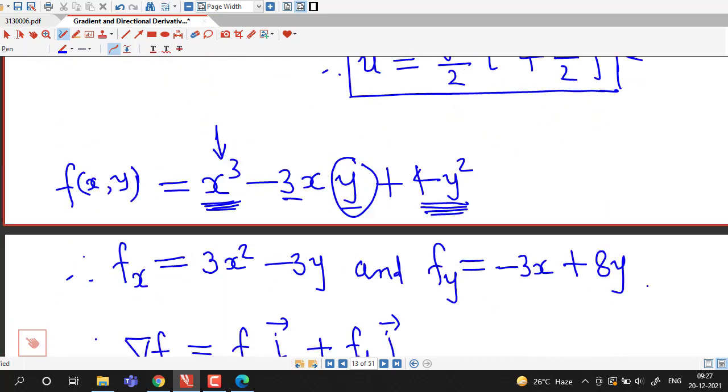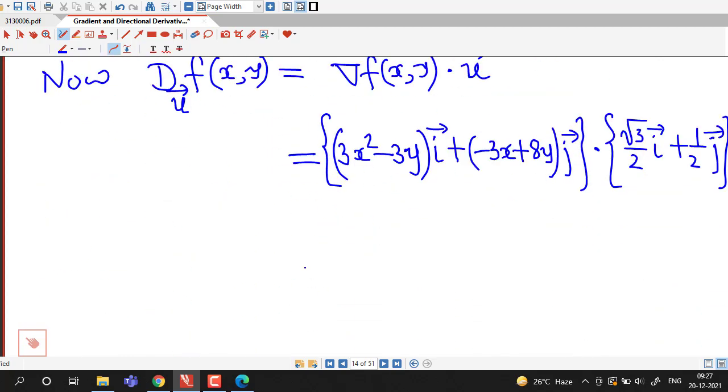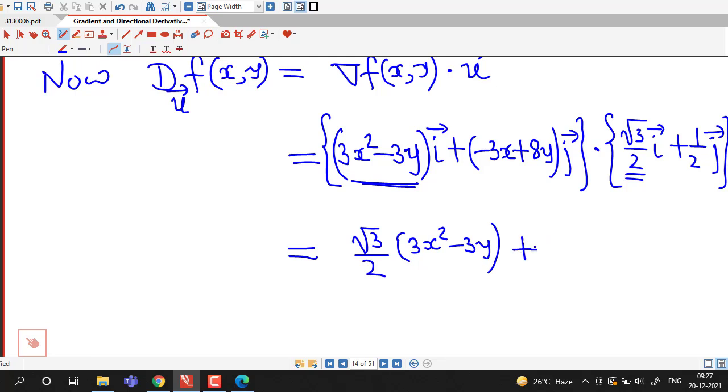It is root 3 by 2, 1/2. So now we multiply corresponding components. So root 3 by 2 times 3x square minus 3y, plus 1 by 2 times minus 3x plus 8y.